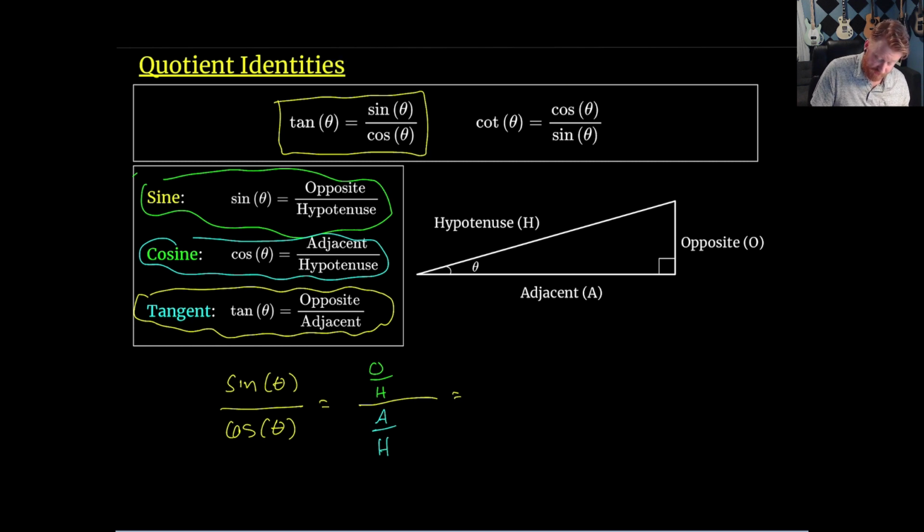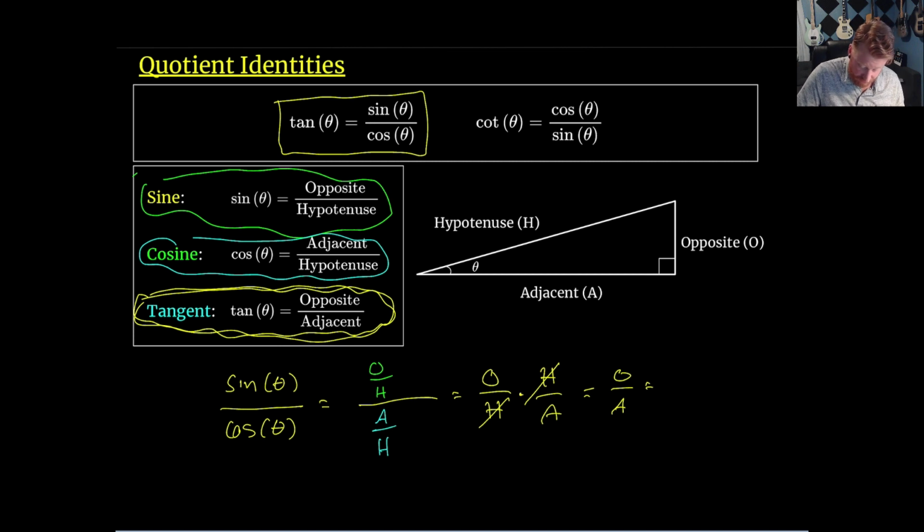So now if I want to simplify this, this is going to give me opposite over hypotenuse times hypotenuse over adjacent, simplifying this complex fraction here, multiply by the reciprocal of the denominator. Then we get the hypotenuses canceling out, those h lengths, and we end up with opposite over adjacent. And that is quite literally how we define the tangent of theta.